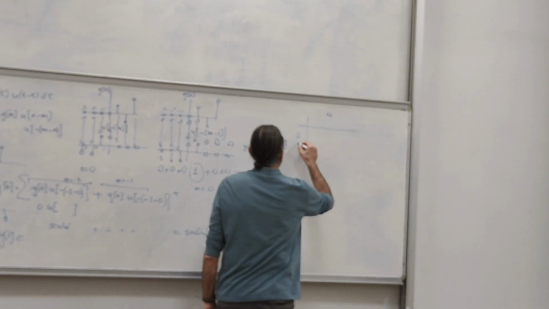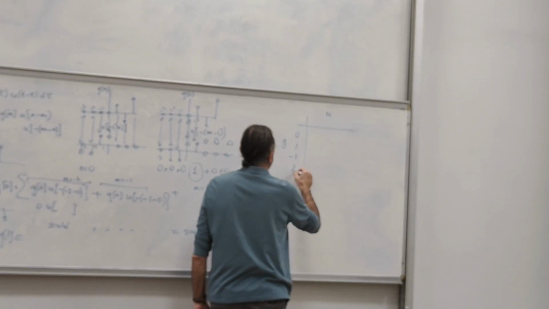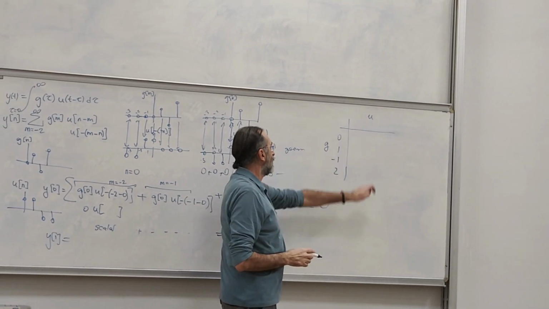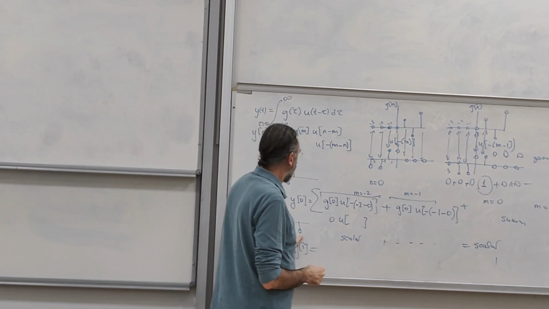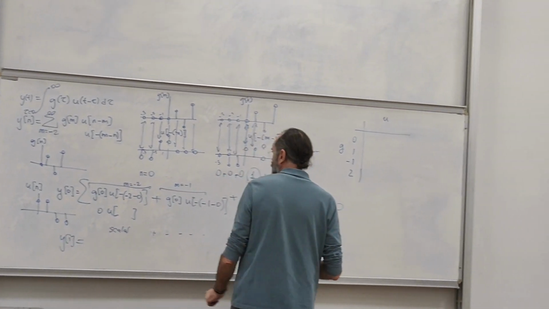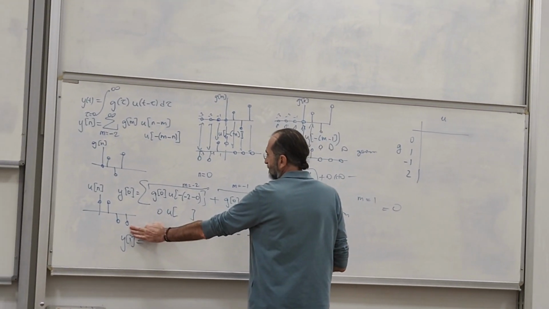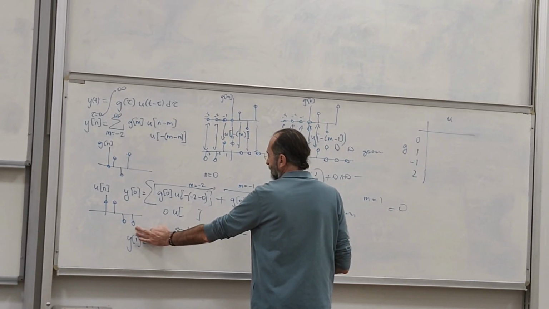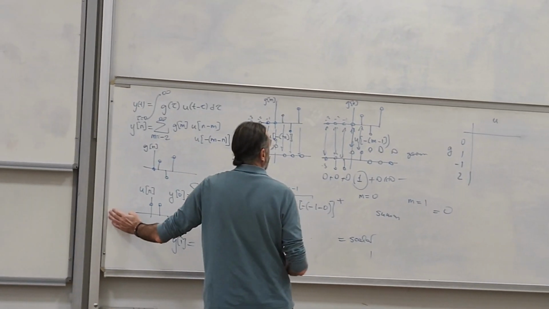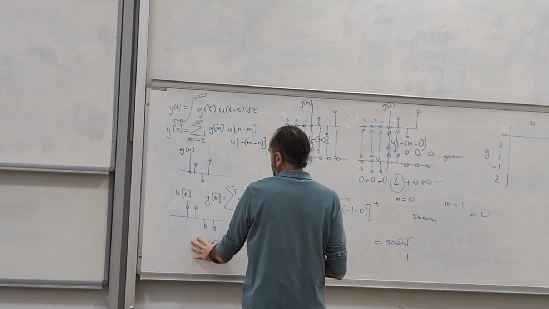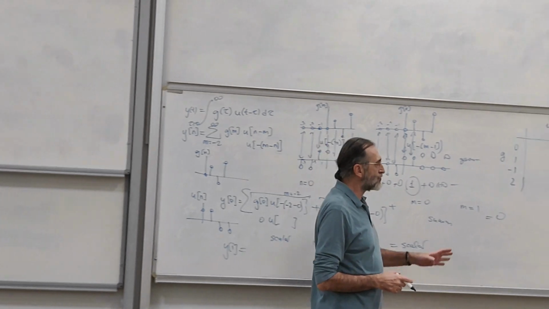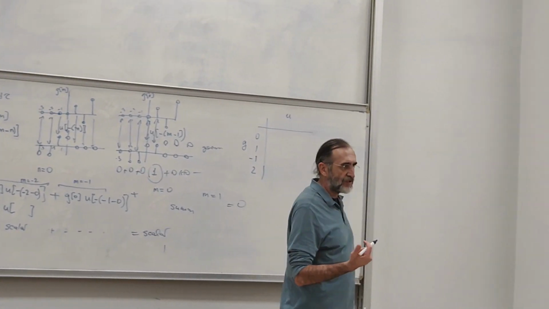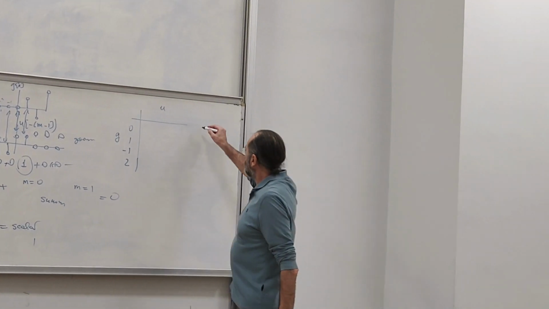So you say 0, 1, minus 1, 2. Okay? And you put u on top, this, and that, and then you switch it over, so you have minus 1. I think you switched it, I can't remember now, but anyway, it shows on the exercise sheet how you're going to do the tabular form.